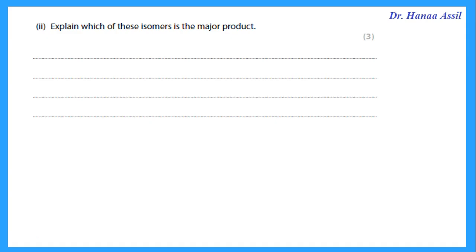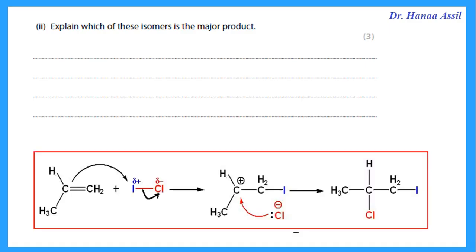Now the question says explain which of these isomers is a major product. You should remember that in order to form these products, the double bond attacks the slightly positive end of the electrophile, in this case the ICl, and we put the I first. That means the other carbon becomes a carbocation.